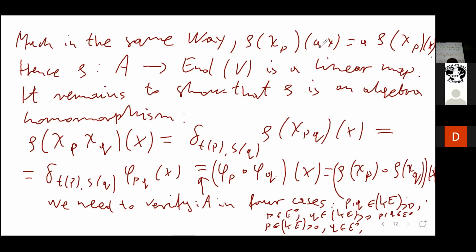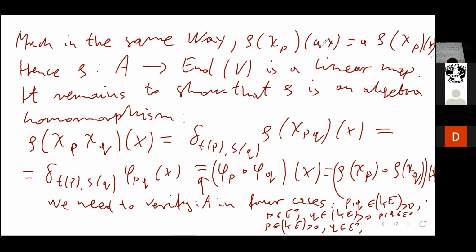So the equality checks. And if the vertex P is indeed the beginning of the path Q, then the Kronecker delta will be 1, PQ will be just phi of Q, and here we'll have a projection applied to an element on which the projection is the identity. So it will be phi Q of X.